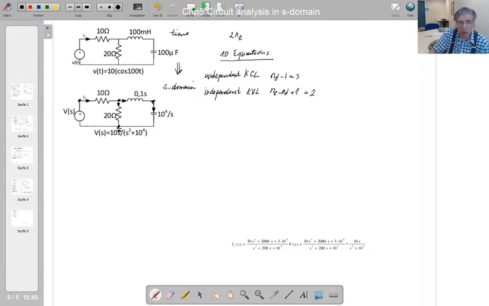There are 2 independent Kirchhoff voltage law equations that we are going to write. These equations are going to be the ones which are written for the meshes. So we've got 2 meshes. One of them is this. This is one mesh. So that's the other mesh.